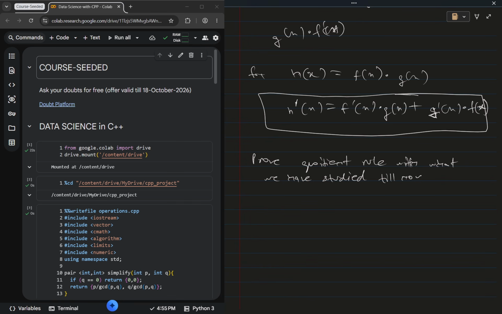Basically, don't use integration and all. You have to prove it according to what you have studied till now. If you haven't made notes, from the next lecture we'll be providing notes as well, so you don't have to worry about the notes or anything.